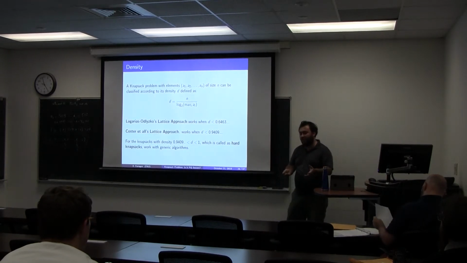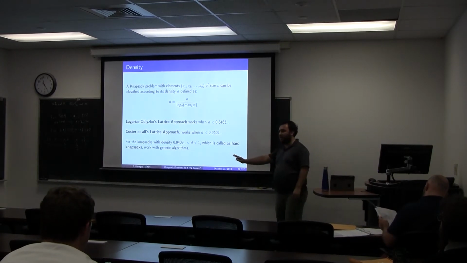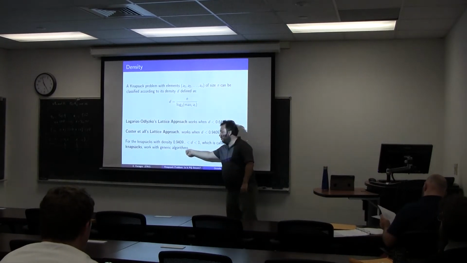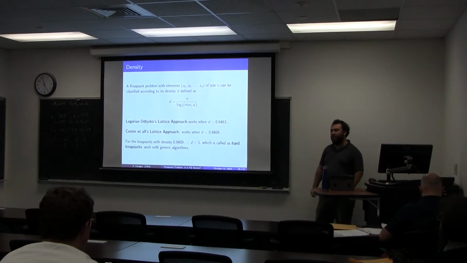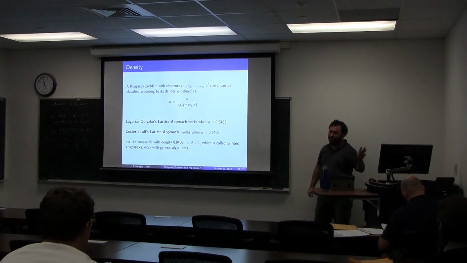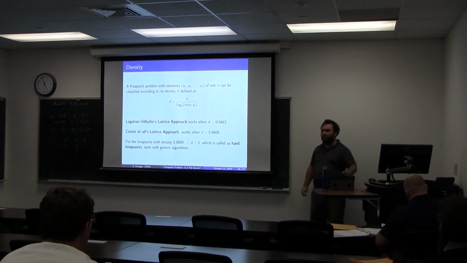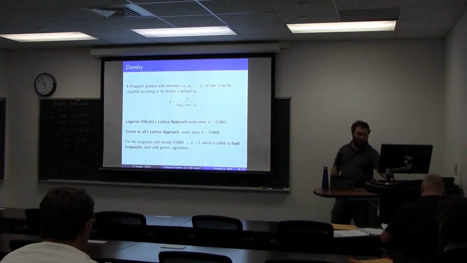Even if we apply lattice reduction, we will not get the exact solution. So forget about lattice reduction. Go with generic algorithms. I mean, instead of applying lattice reduction on your knapsack problem, just go with generic algorithms.